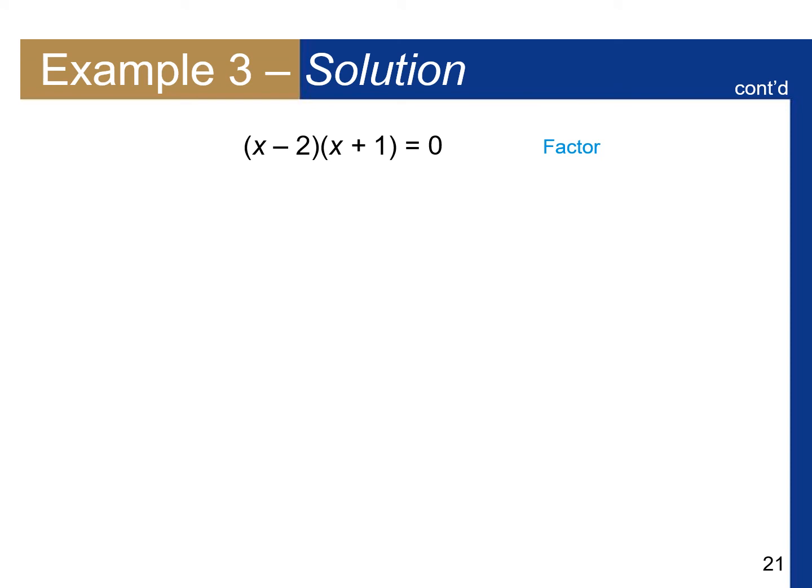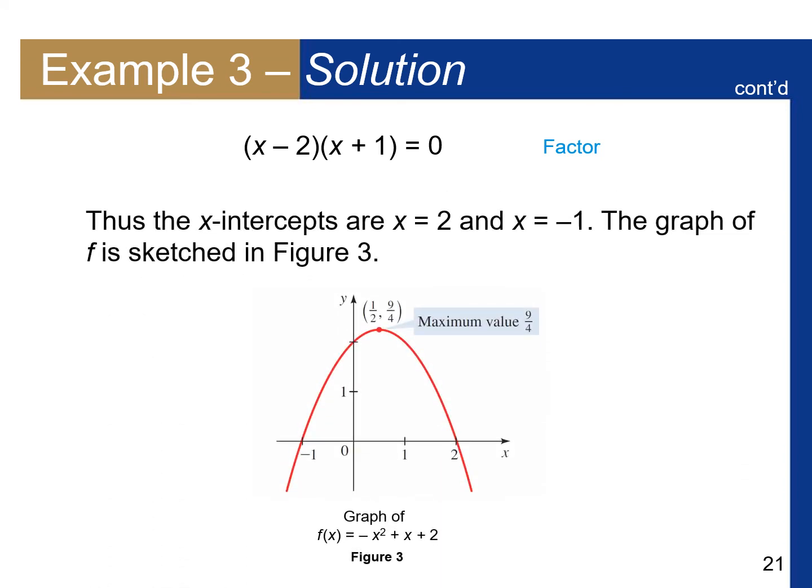And factor, I will get this, set each one of those equal to 0, and I see that my x-intercepts are going to be 2, because that'll give me 0 here, and -1 will give me 0 here. So there are my x-intercepts. Here's my maximum value. Here is my y-intercept, and that gives me a nice picture of what my graph will look like.